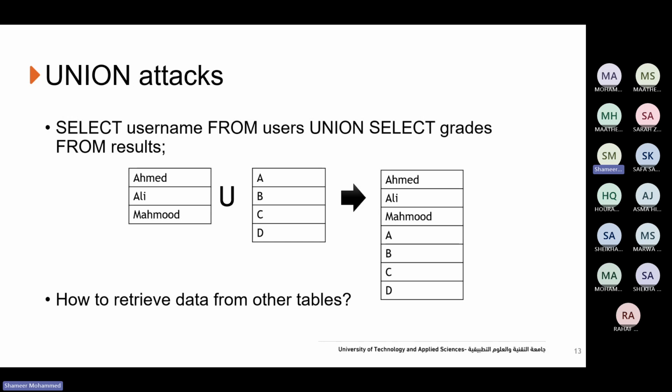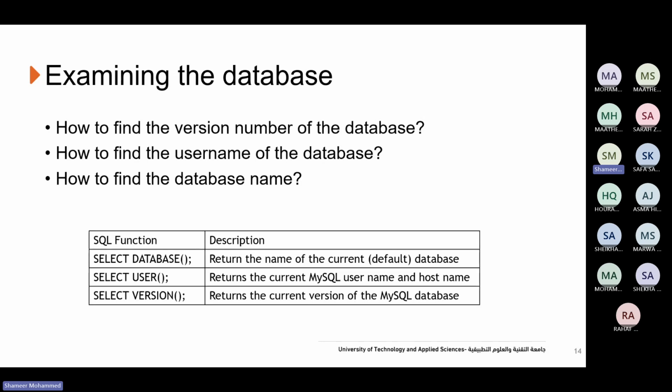Okay. Now, the fourth one is analyzing the database. Suppose the attacker wants to play with the database. First, he will try to find what is the name of the database, what is the type of database, what is the version of database, okay? What are the users present in the database?